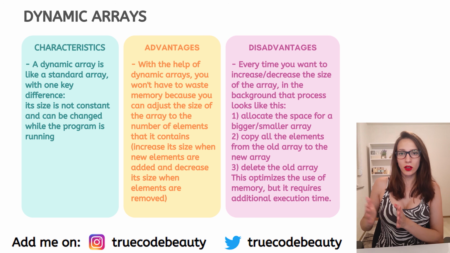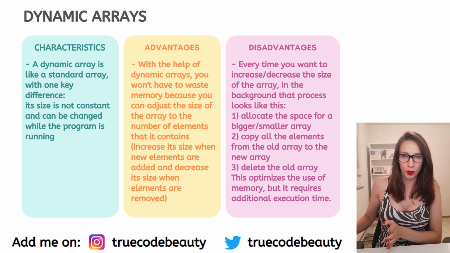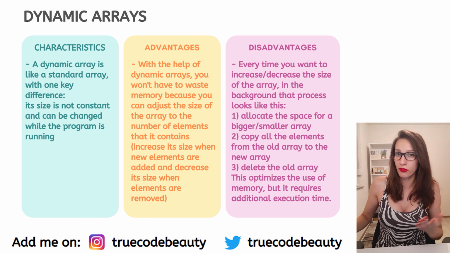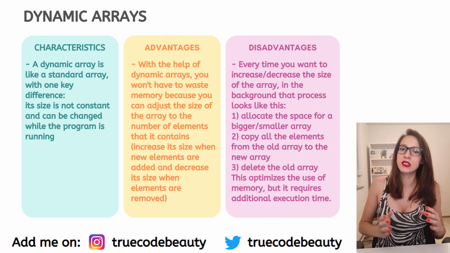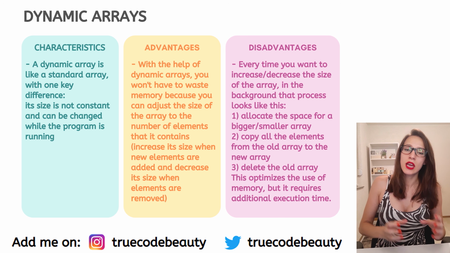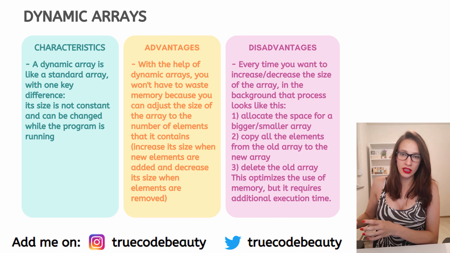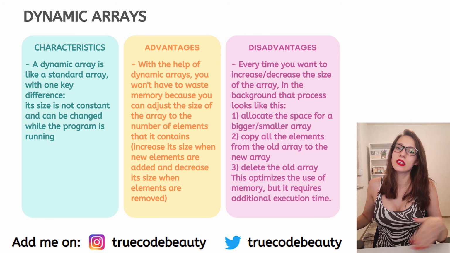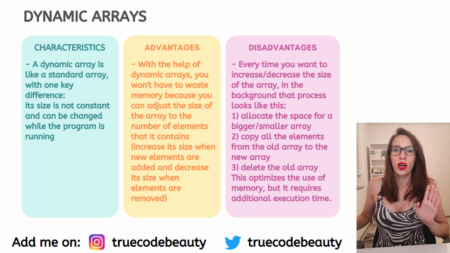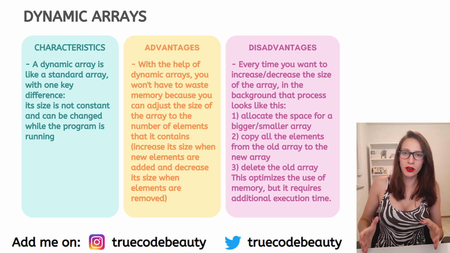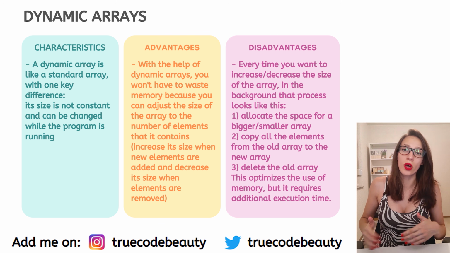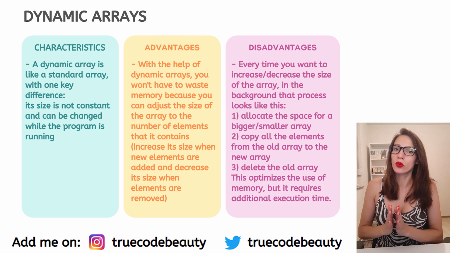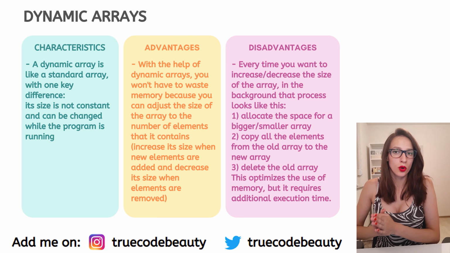Well, it allocates space for a bigger array that can store, for example, 105 elements or 110 elements. And then it copies the old, smaller array into that bigger array that it has allocated, and then it deallocates that old array. So now you have a bigger array, you have all of your elements, and you have some additional space to add more elements. So that is how dynamic arrays work.